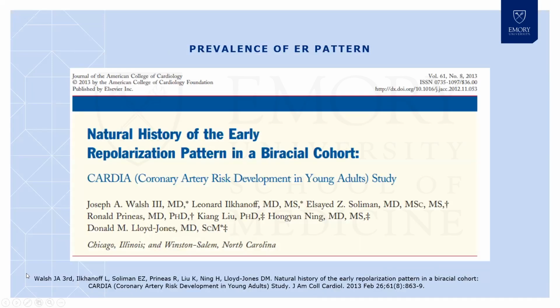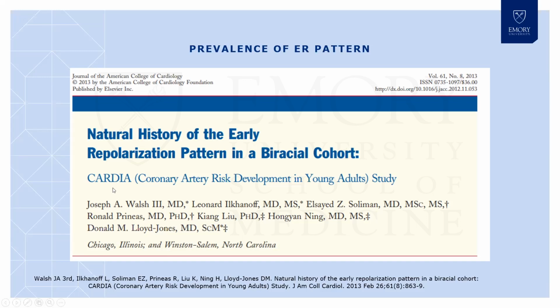Then lots of new papers tried to answer this question: what is the natural history of early repolarization and its prevalence in the general population? One of the most important papers is called the natural history of early repolarization pattern. This is only patients with the pattern in a biracial cohort, from the CARDIA, or Coronary Artery Risk Development in Young Adults, study.